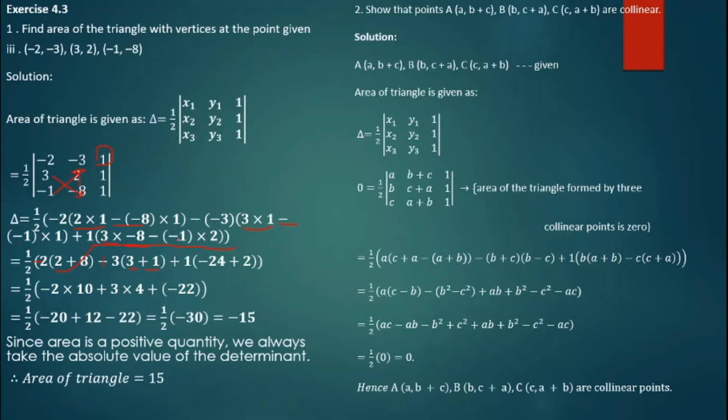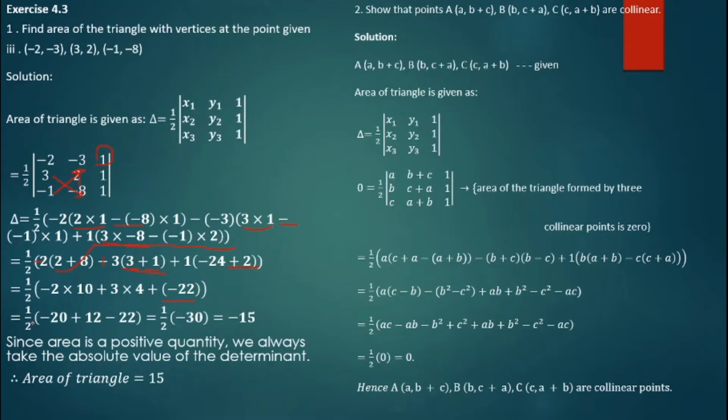Minus 1 into 2 is minus 2, so minus times minus gives plus 2. Half, minus 2 into 10 plus 3 into 4 plus (negative 24 plus 2, which is negative 22).